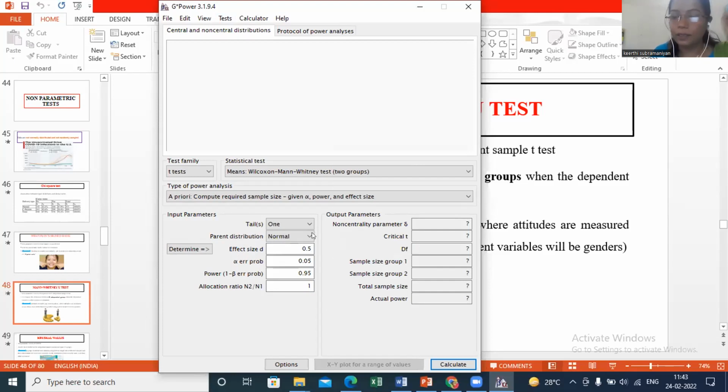Apart from one thing: for a non-normal distribution or non-parametric test, you will get this a little different. Parent distribution. You have to say what the parent distribution is. Obviously, it's not normal. We are going to select min ARE. It's a different technique of calculating power analysis for a skew distribution. It is called min ARE.